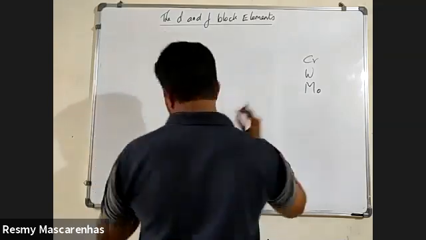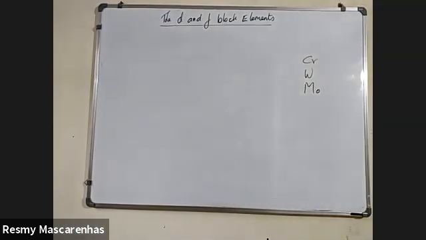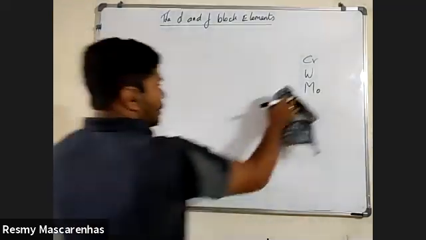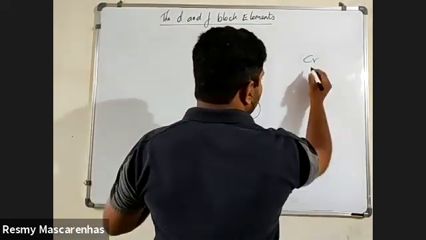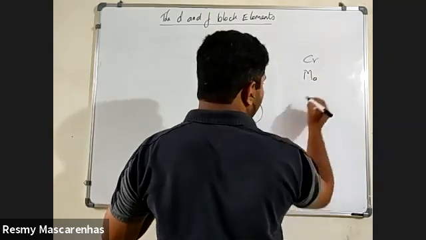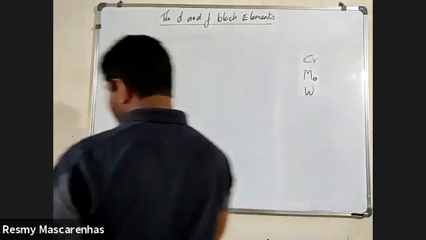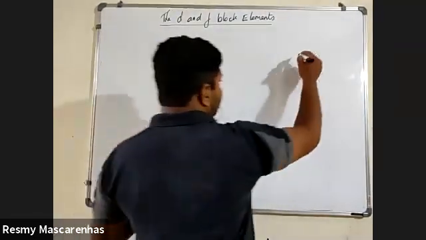Actually, molybdenum is coming on top and tungsten is below. Molybdenum is in the second transition series, and tungsten is in the third transition series. So remember this series.